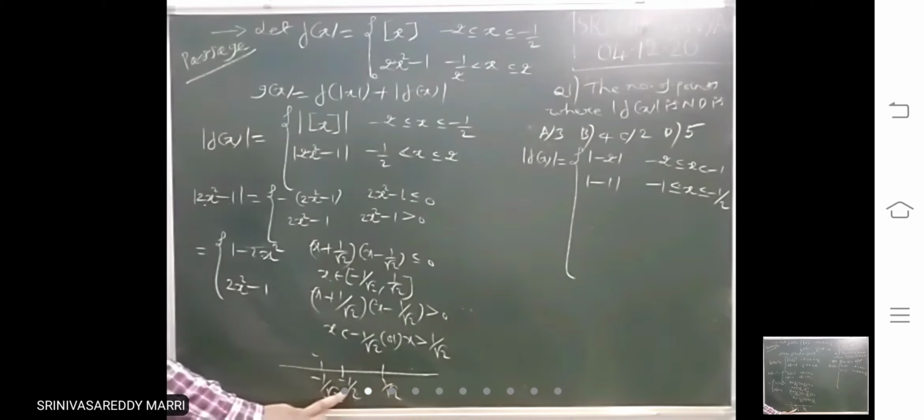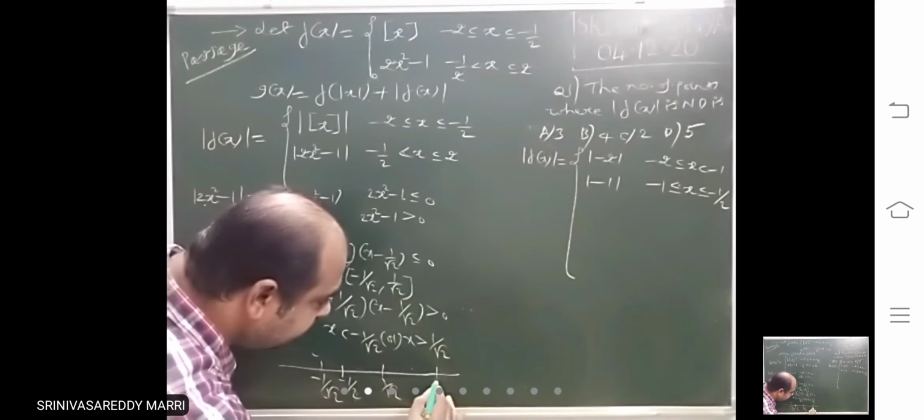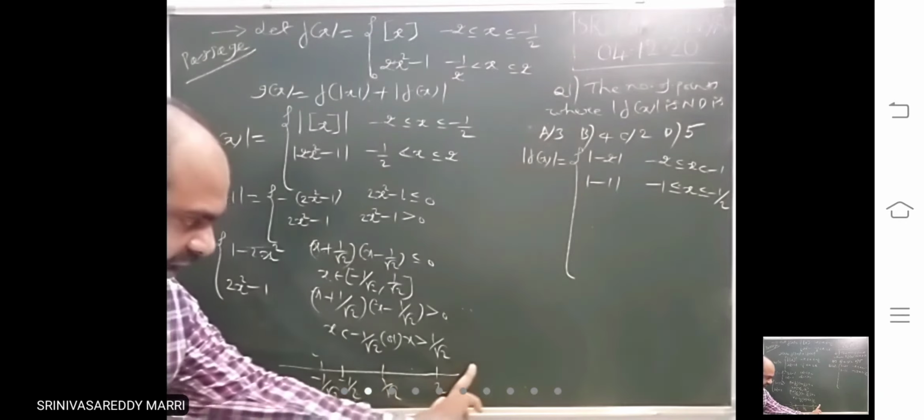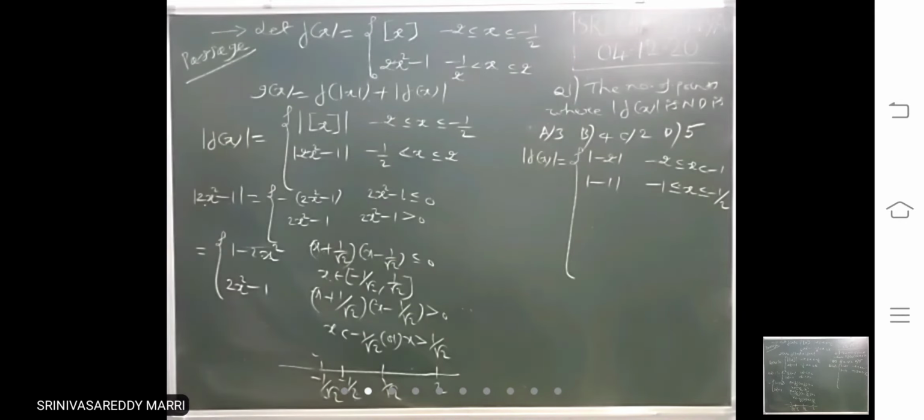And 2 will lie beyond 1 by root 2. We have x less than minus 1 by root 2, one definition; minus 1 by root 2 to 1 by root 2, one definition; then 1 by root 2 to infinity, one definition.